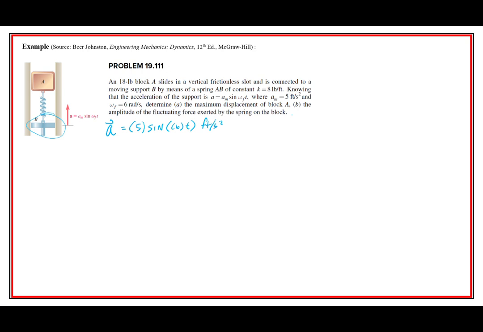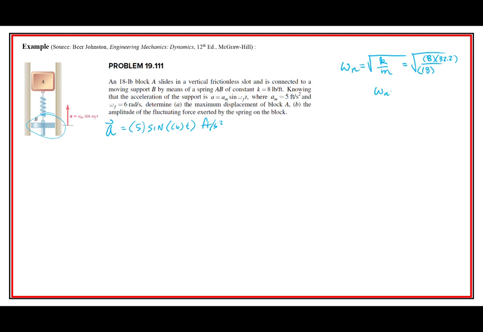The first thing I might want to do is find my natural frequency and then compare it to the forcing frequency. So this is going to be the square root of K over M. The K is 8. The mass is 18, but divided by 32.2, so we put it back up in the denominator.